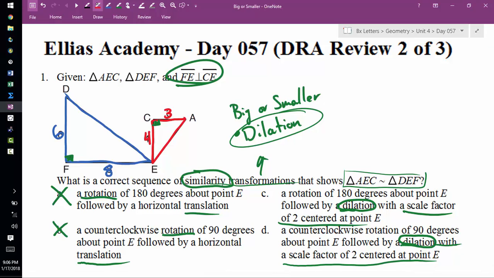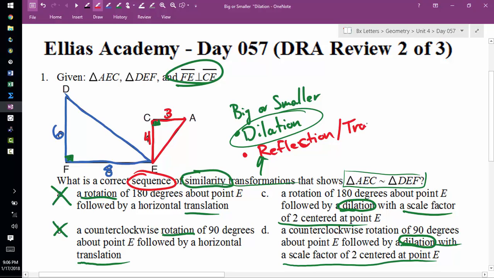The next thing that has to happen is, when they say sequence, they mean more than one, so something else has to happen. And my 3 options are now a reflection, a translation, and a rotation. Okay.